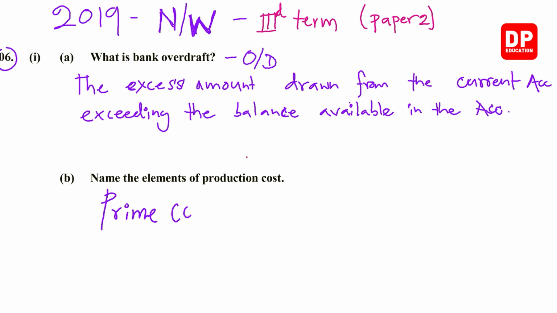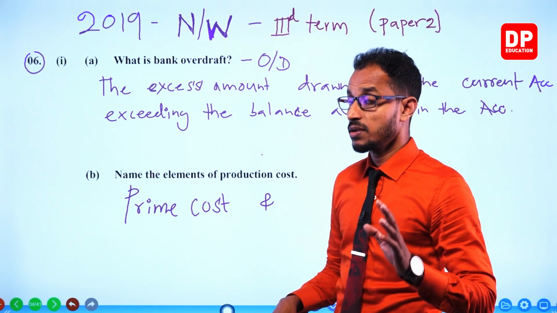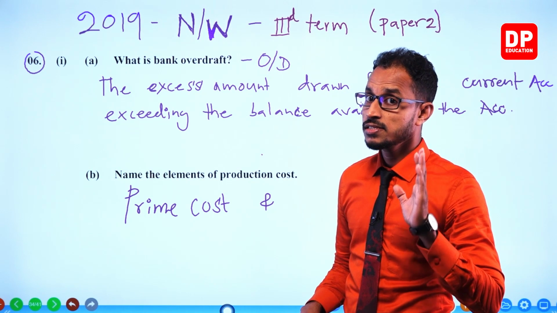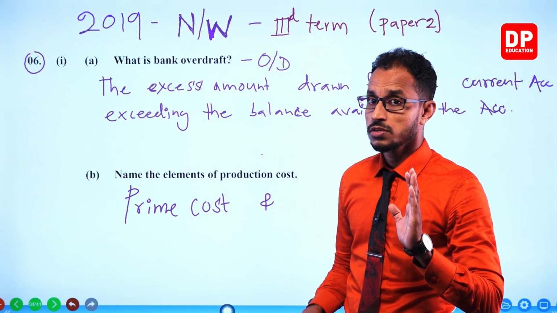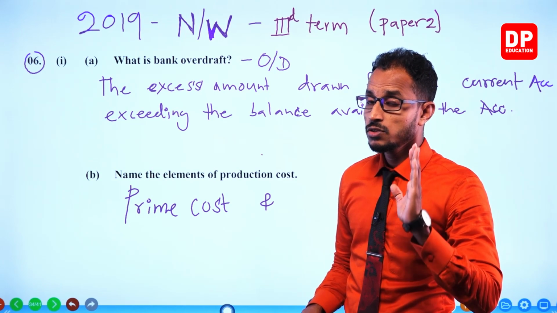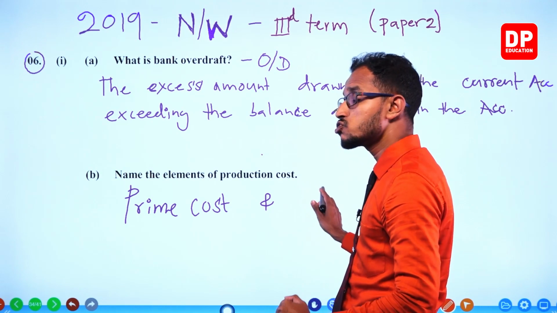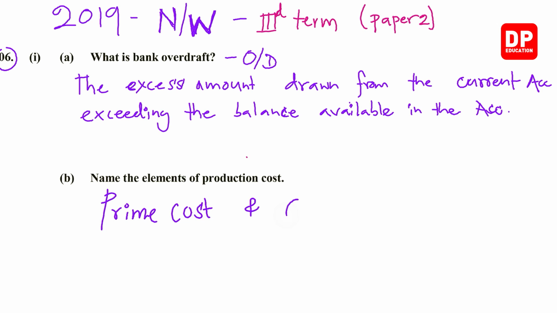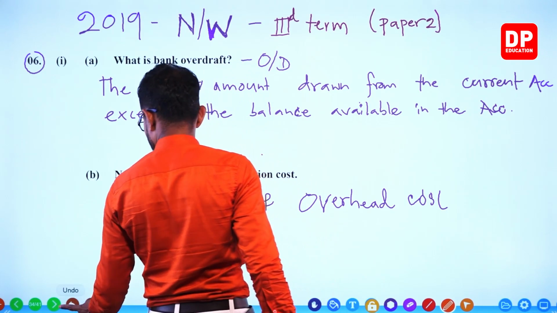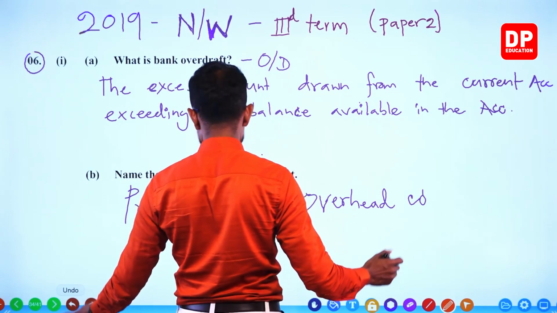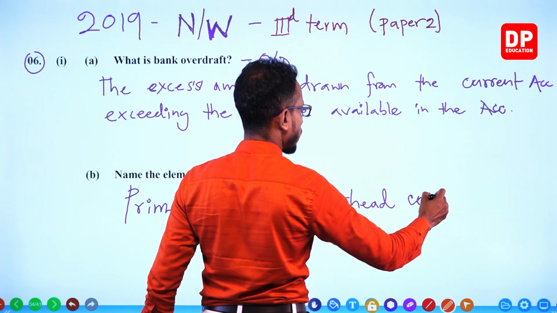If you write prime cost, don't forget to write overhead cost too. Okay, prime cost and overhead cost.